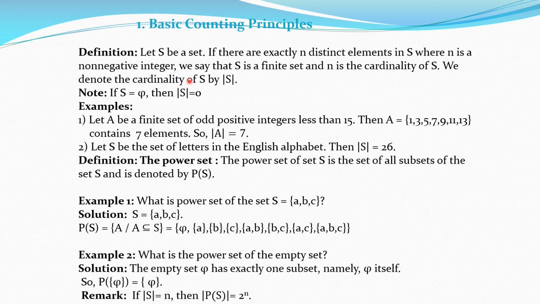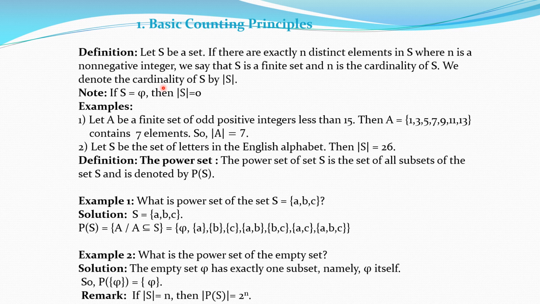Now first see what is the meaning of cardinality of S, where S is any set. Let S be a set. If there are exactly n distinct elements in S, where n is a non-negative integer, we say that S is a finite set and n is the cardinality of S. We denote the cardinality of S by this symbol.